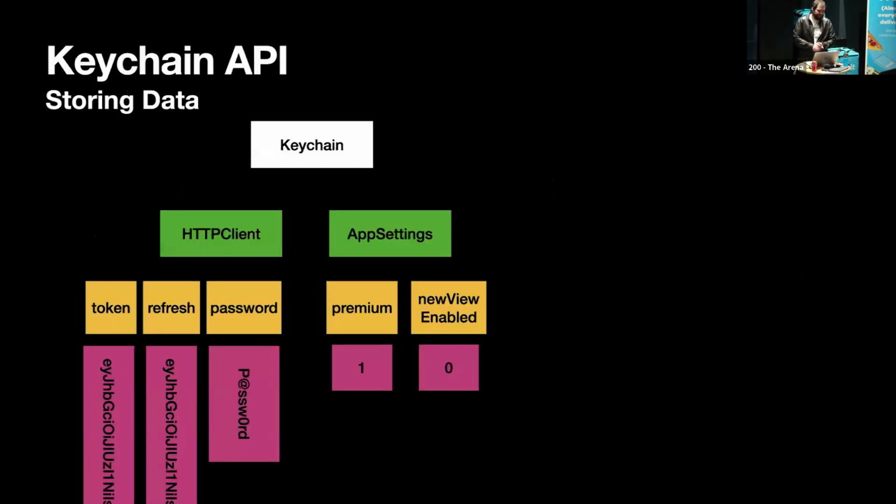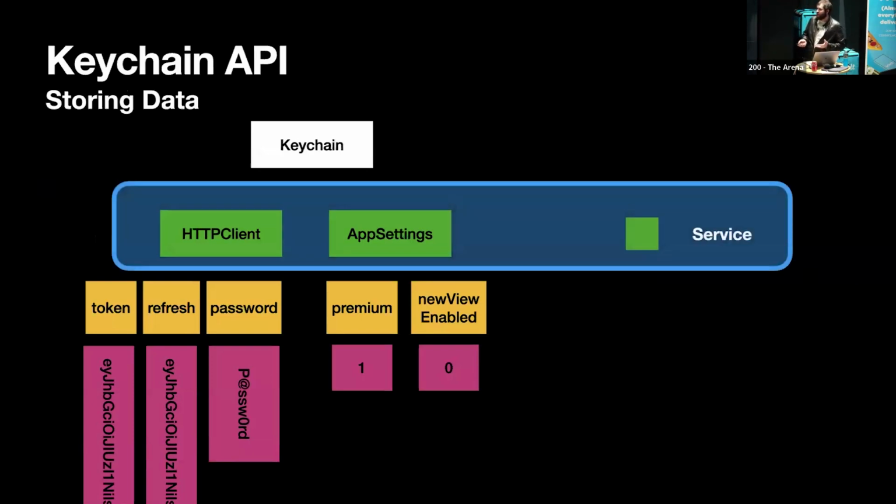And now let's store some data. The architecture of the data storage looks something like this. You have the keychain, and you might have multiple services, like an HTTP client or app settings.